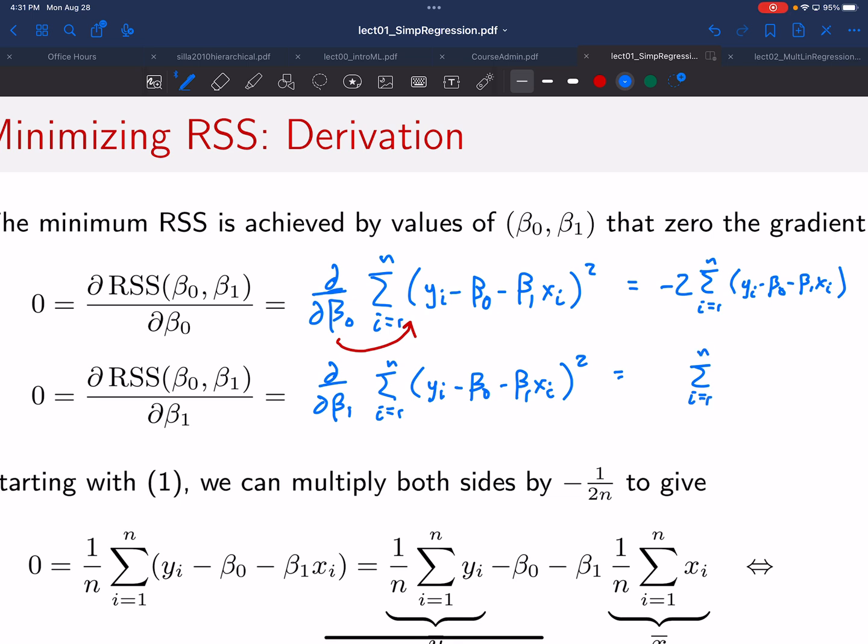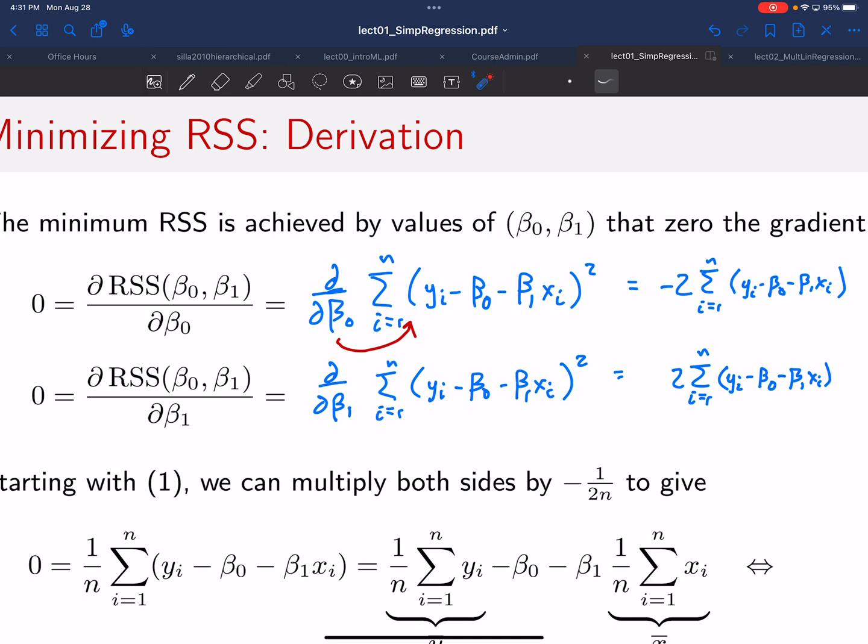We have a 2 as before, because it's 2 times the thing in parentheses times the derivative of the thing in parentheses with respect to beta 1. The thing in parentheses is the same as before. Finally, we have to do the derivative of the thing in parentheses with respect to beta 1.